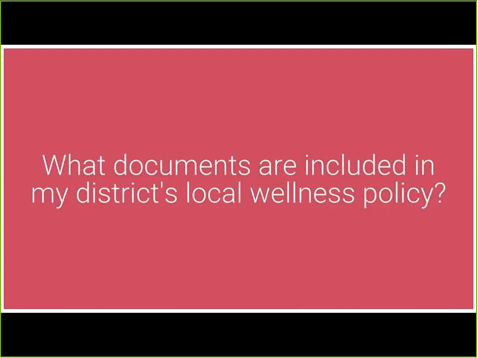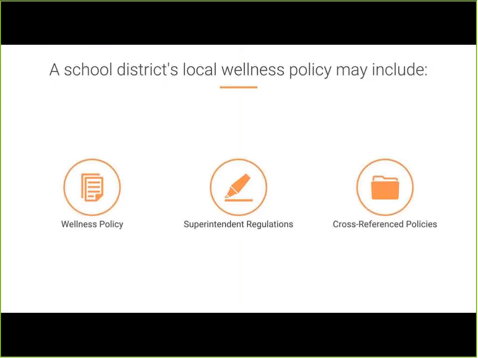Let's take a minute to discuss what documents are actually included as part of the district wellness policy that you will score using WellStat 3.0. The school district wellness policy may include the wellness policy adopted by the school board, superintendent's regulations, which are adopted pursuant to the board policy and may provide additional details as to how the wellness policy will be carried out.